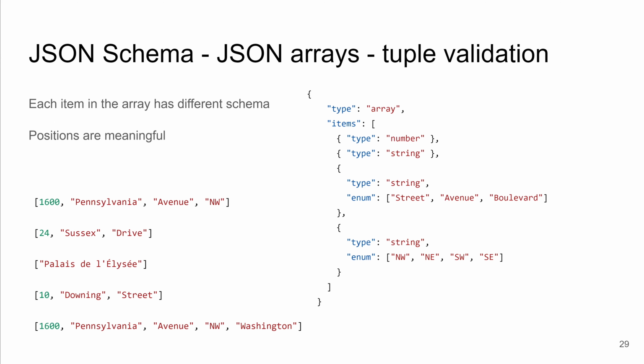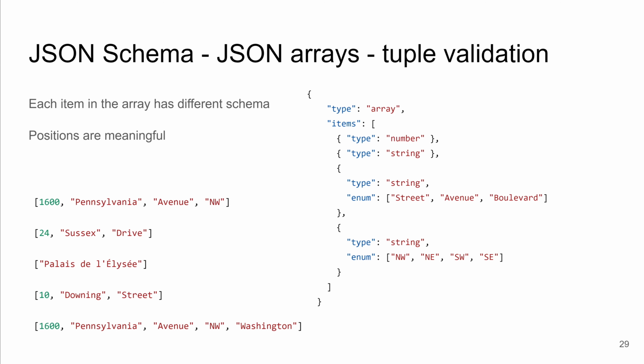On the other hand, we may view the JSON array as a tuple, which means that the positions are very relevant and meaningful, and we might want to use a different schema for items in different positions. So for instance, here we want the first item of the tuple to be a number.